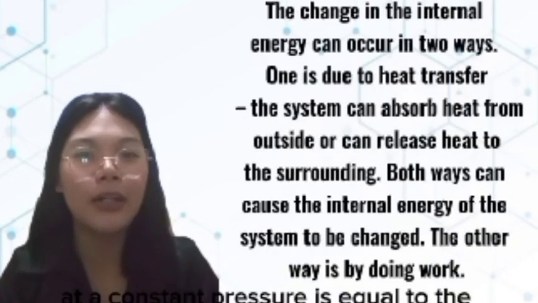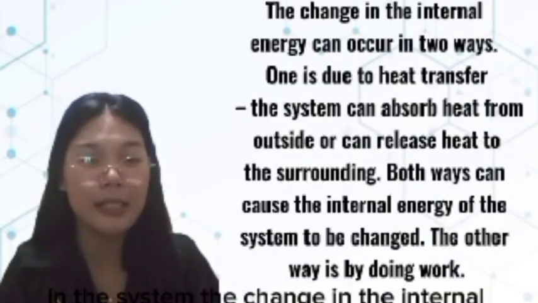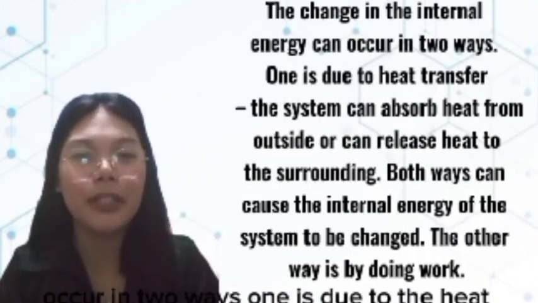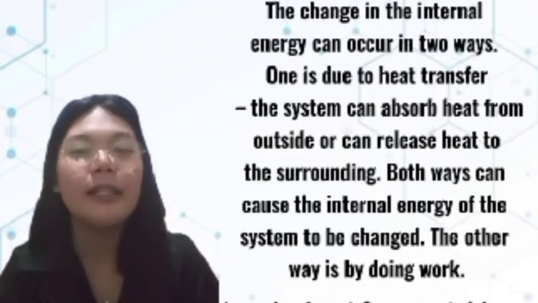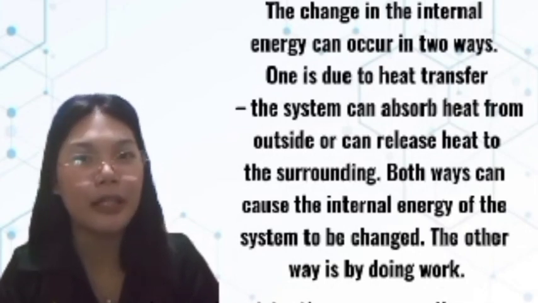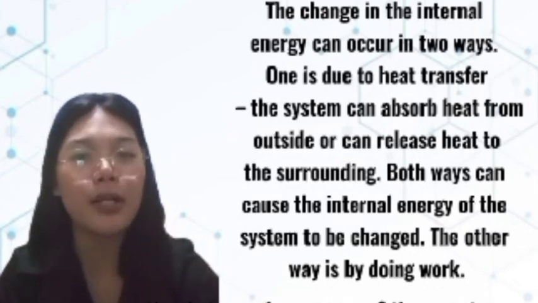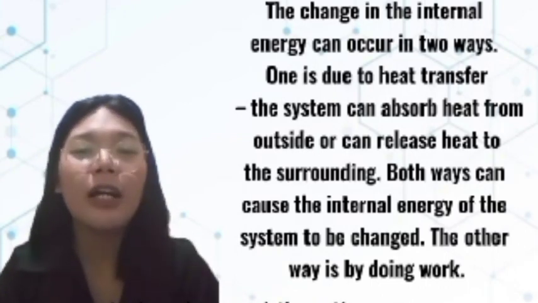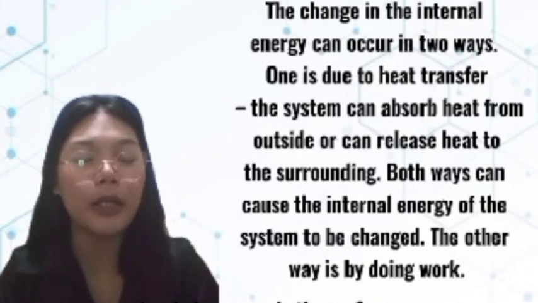The change in the internal energy can occur in two ways. One is due to heat transfer. The system can absorb heat from outside or can release heat to the surroundings. But both ways can cause the internal energy of the system to be changed. The other way is doing work.